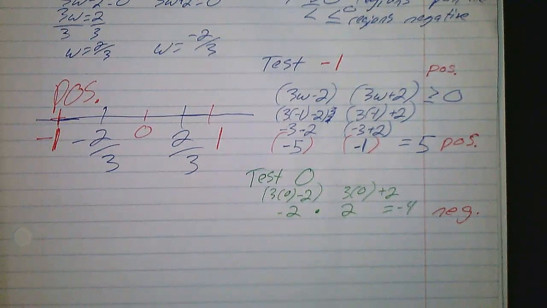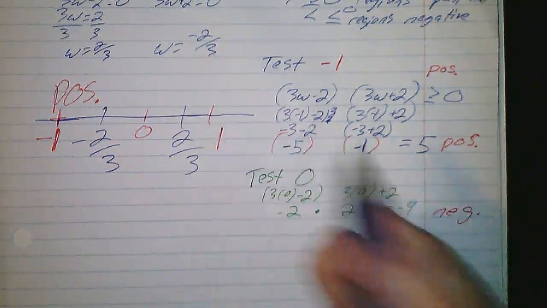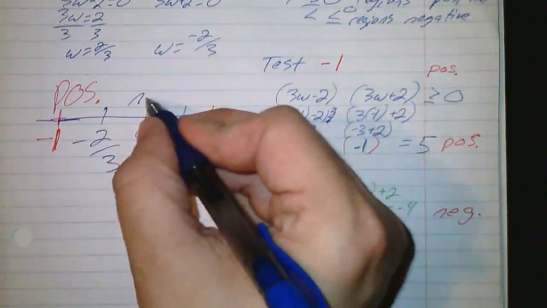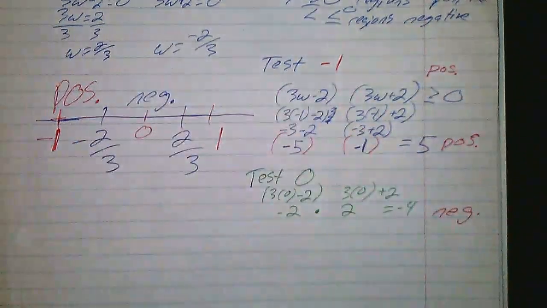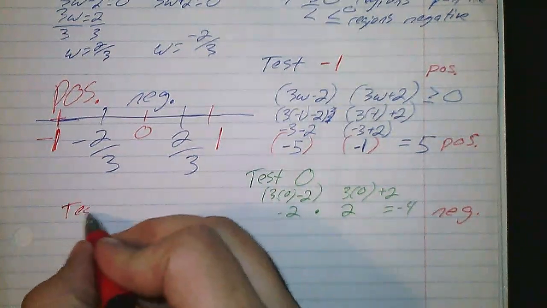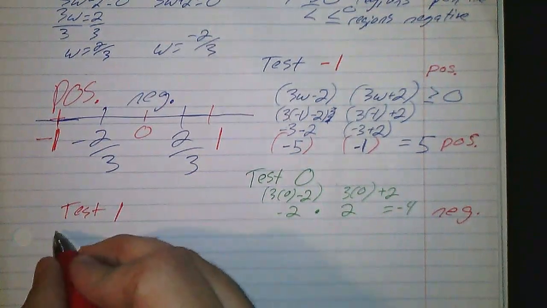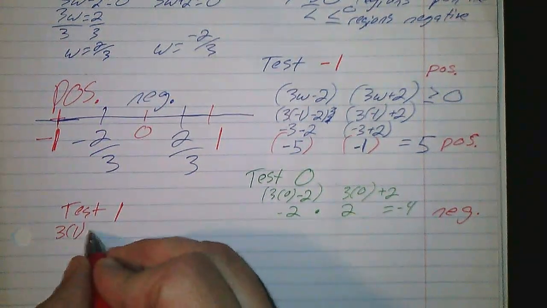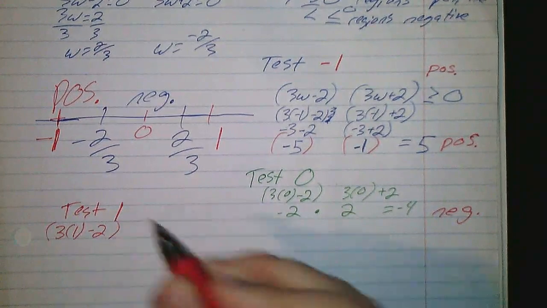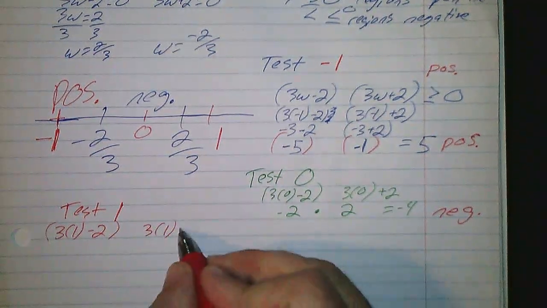And finally, we test the region to the right of 2/3. So again, we're negative right here, not positive. So if I test positive 1, that's 3 times 1 minus 2 times 3 times positive 1 plus 2.